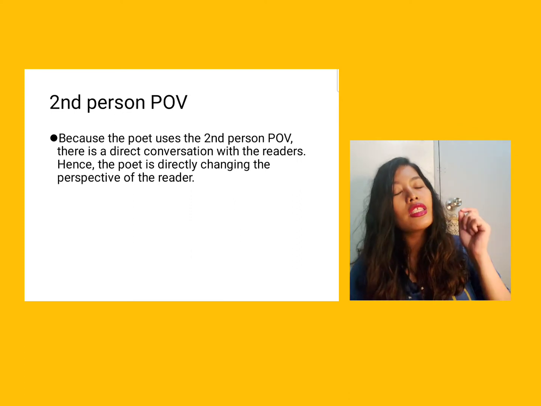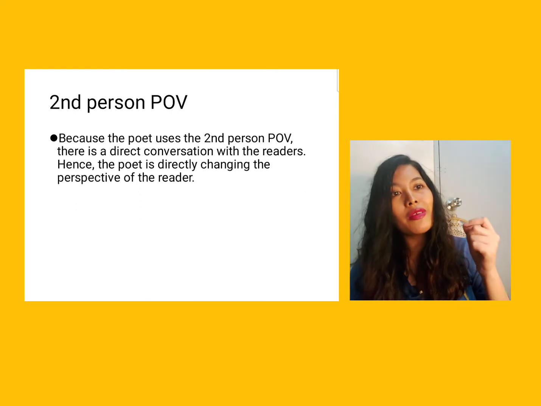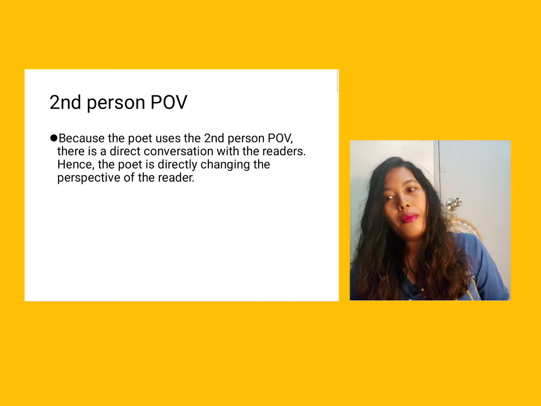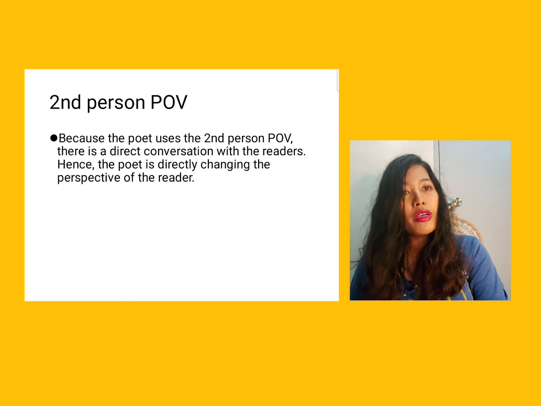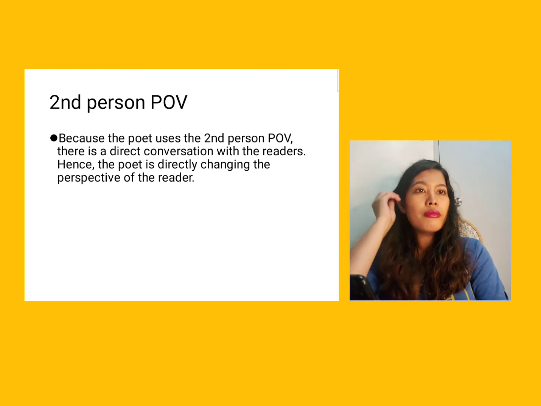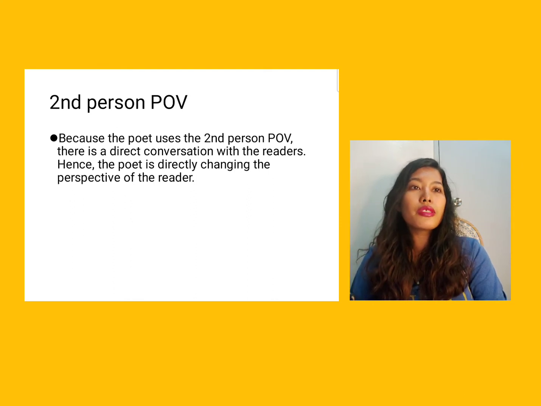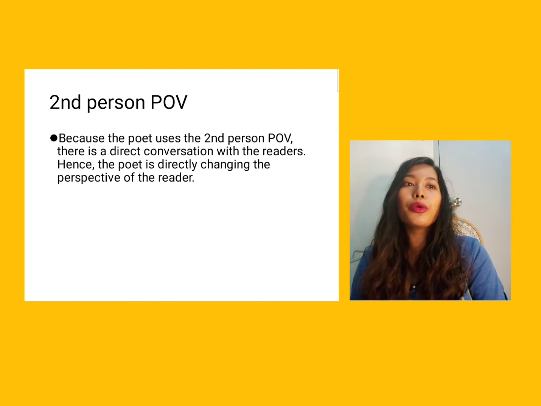In this case, the poet is directly changing our understanding, our perspective regarding the dark, right? And the poet is extremely aware of the power to influence readers, viewers, and listeners. So that's second person point of view.